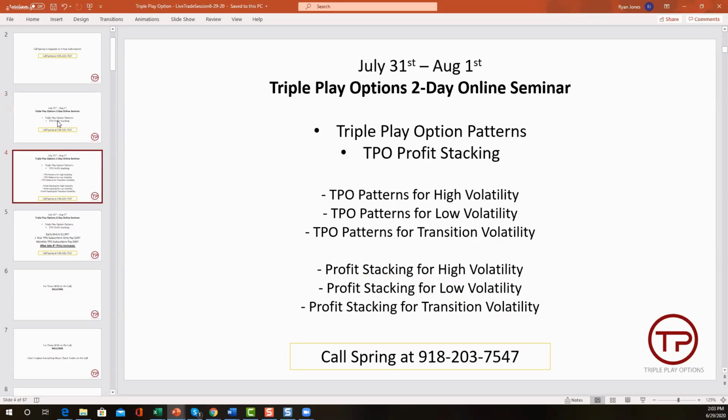We'll talk about TPO patterns in high volatility, low volatility, and transitional volatility, as well as the profit stacking in low, high, and transitional volatility. And we're going to be talking about exiting. There's an entire session that covers exiting at the end, so make sure you understand that one. And then we'll also be talking about money management.